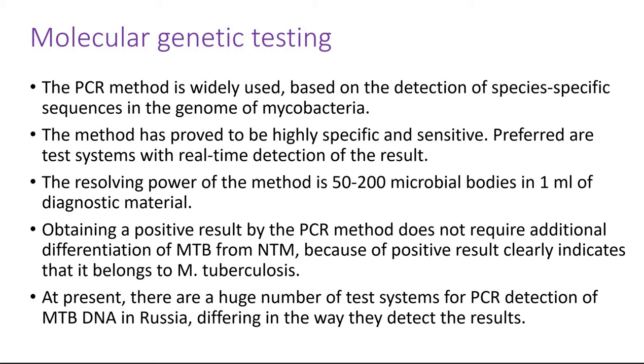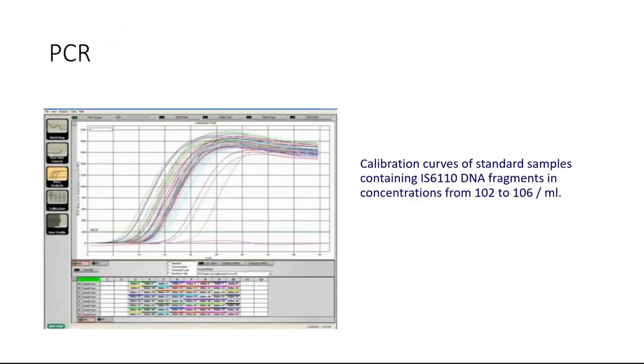At present, there is a huge number of test systems for PCR detection of Mycobacteria tuberculosis DNA in Russia, differing in the way they detect the results. And here you can see the screen of a PCR test result. It looks like this picture.